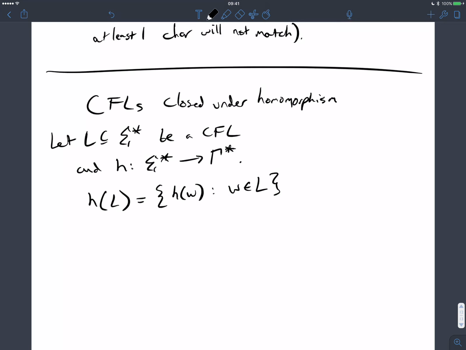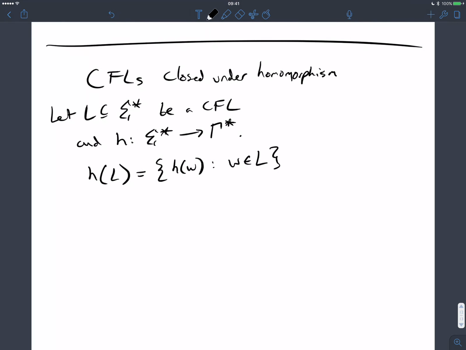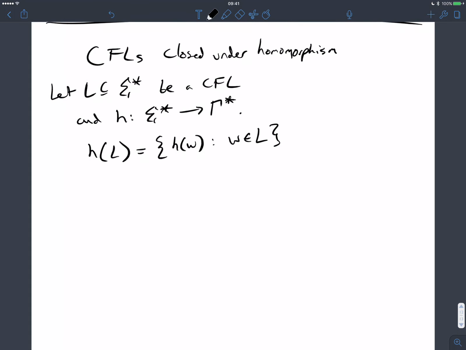Then, how do I show h of L is also context-free? Well, if we know that L is a context-free language, what do we know otherwise? It has a PDA or it has a CFG. So PDAs will make this a little bit harder, but we can still do it. We'll work with CFGs for now.